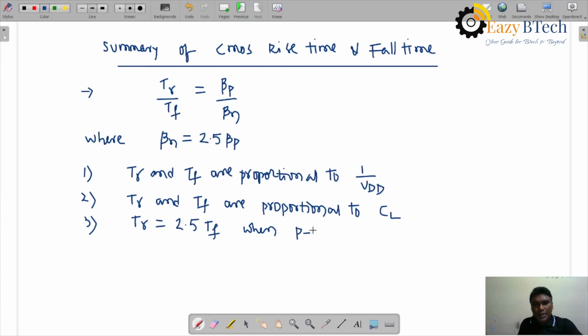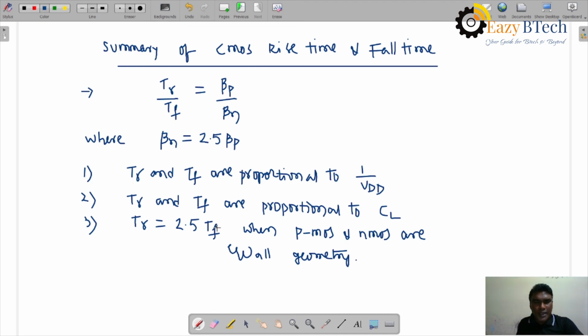When PMOS and NMOS have equal geometry, meaning equal area, the rise time when the PMOS transistor is on and the NMOS is off is 2.5 times the fall time of the NMOS transistor.